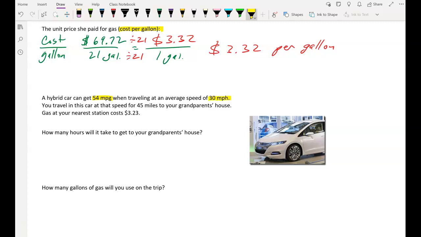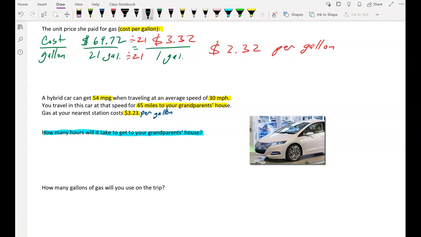You travel in this car at a speed of 45 miles to your grandparents' house, and the gas at your nearest gas station is $3.23 per gallon. So the question is, how many hours will it take to get to grandparents' house?